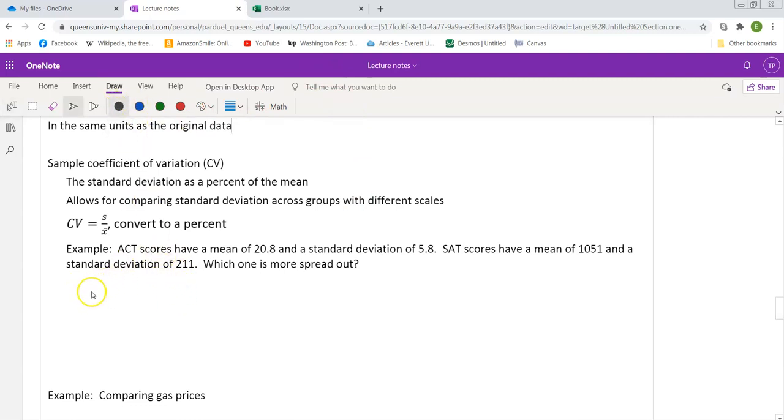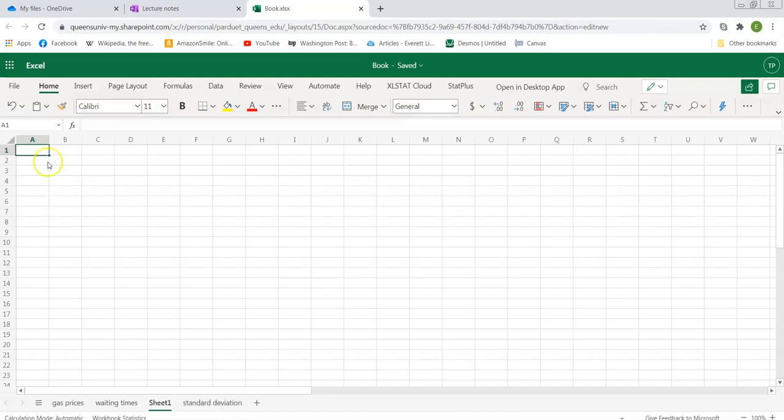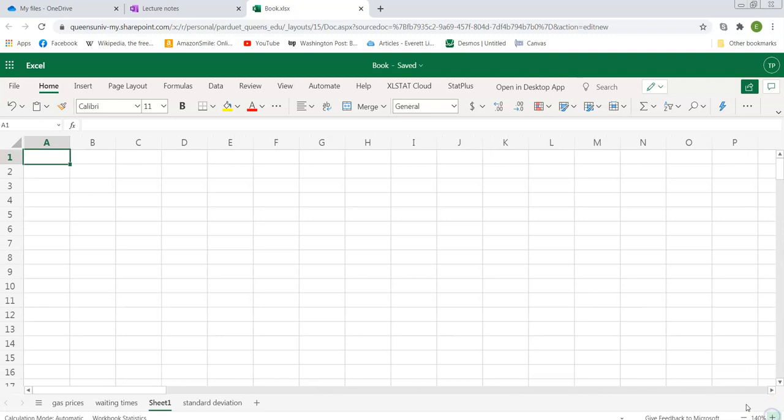So for ACT scores, the coefficient of variation is the standard deviation, which is 5.8, divided by the mean, so 20.8. So 5.8 divided by 20.8, and I'm going to add a sheet just for these calculations.